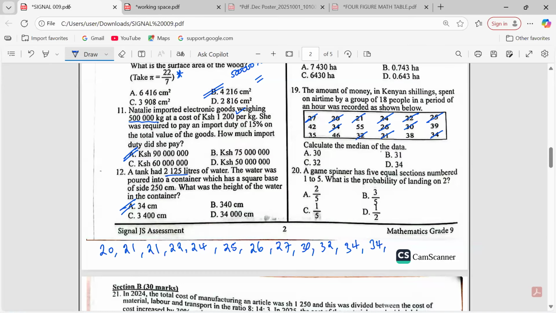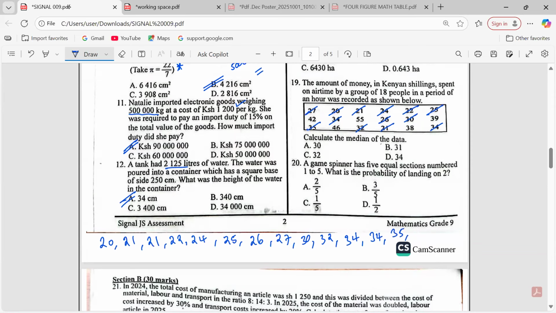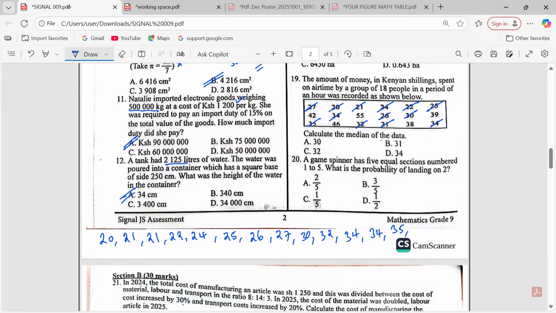Then 35 is here. 36. 37, 38, 39, 38, 39, the two stated. We don't have 40, 41, 42, and 46. So we have all of them stated.